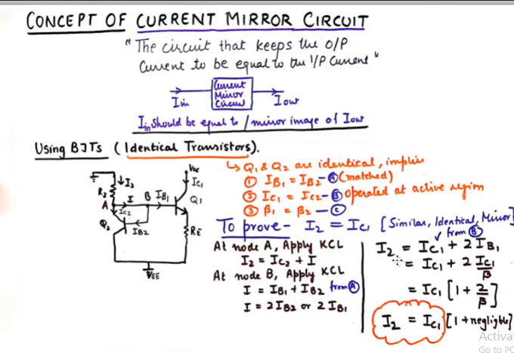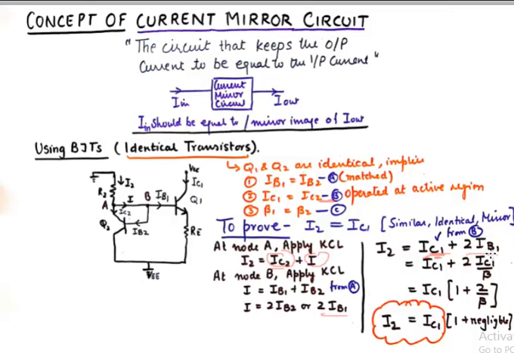And finally, my I2 is IC2 plus I, and I can write IC2 as IC1 from this discussion. So my I2 is IC1 plus I, which is twice IB1.